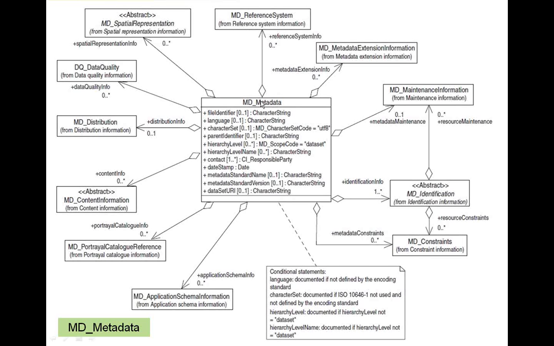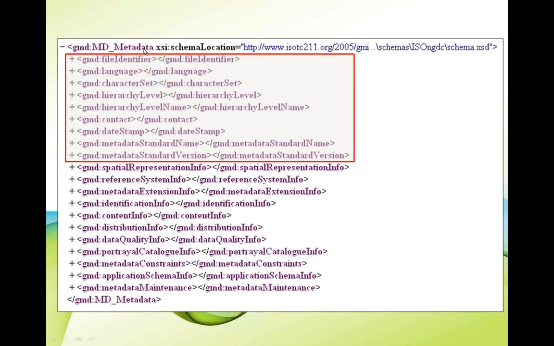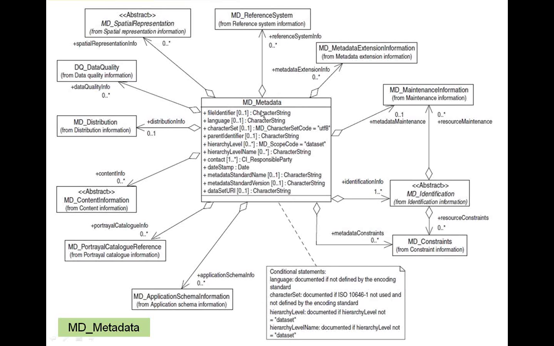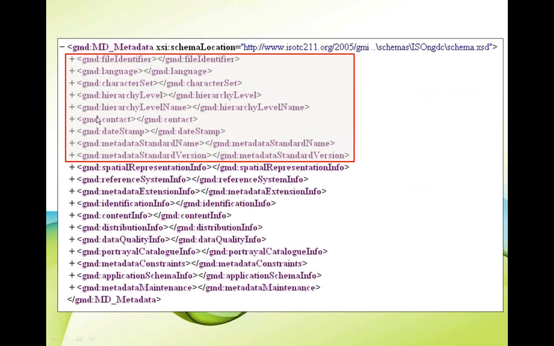Now remember, we've talked a lot about how metadata contains the elements about metadata itself as well as these other sections. So how does that look in the XML? We have MD_metadata. These are those pieces that we saw right here. This information, we find in this link.